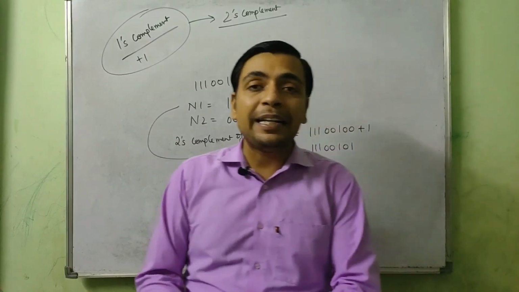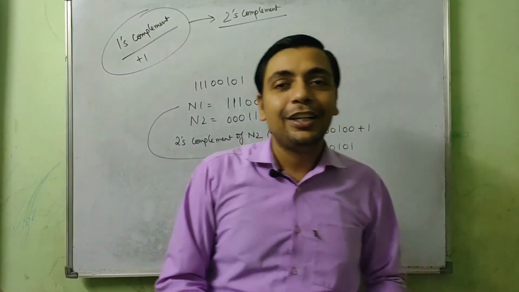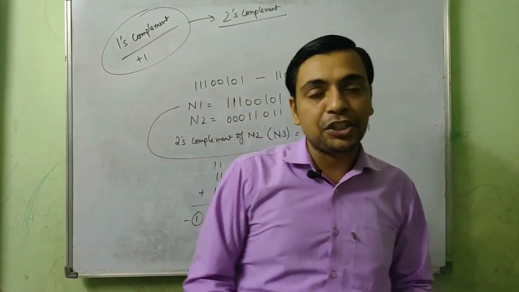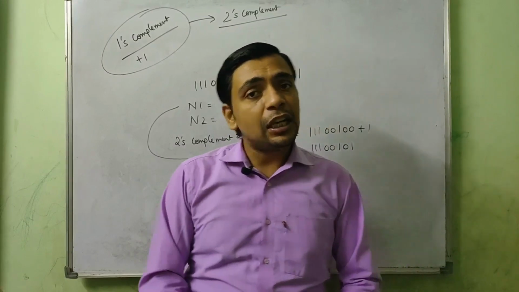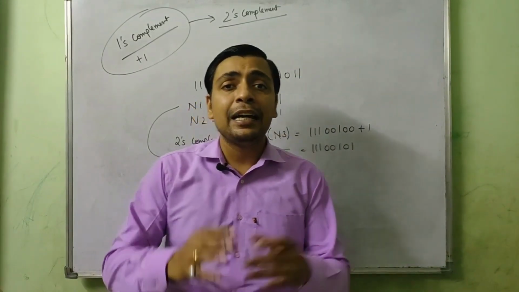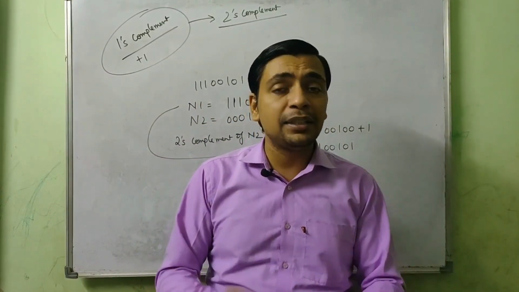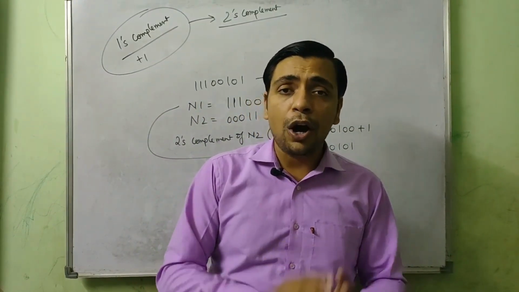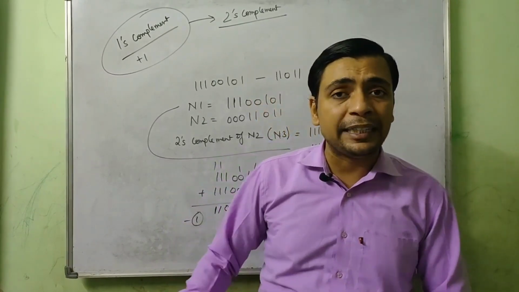To perform binary division, of course you have to perform binary multiplication and binary subtraction. Both these arithmetic operations we have already seen. Now let's move on to the binary division part, and that's our last arithmetic part. So all that we have to do in the arithmetic part with binary numbers, we have completed.